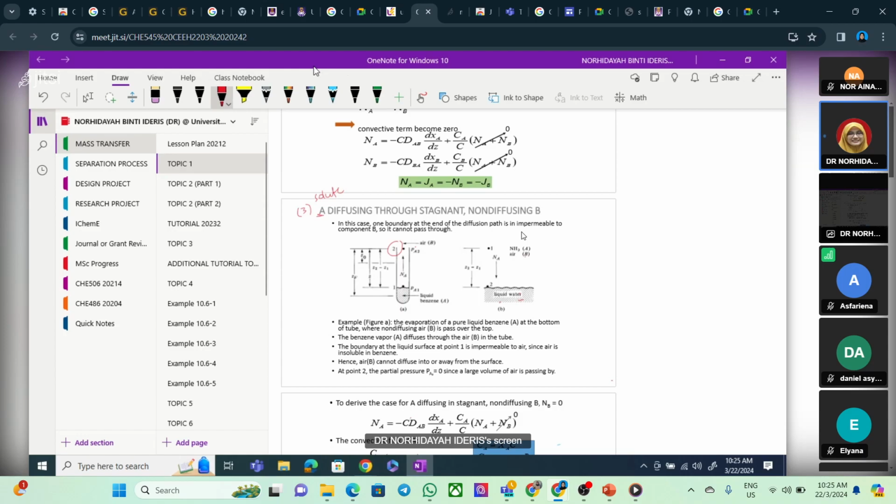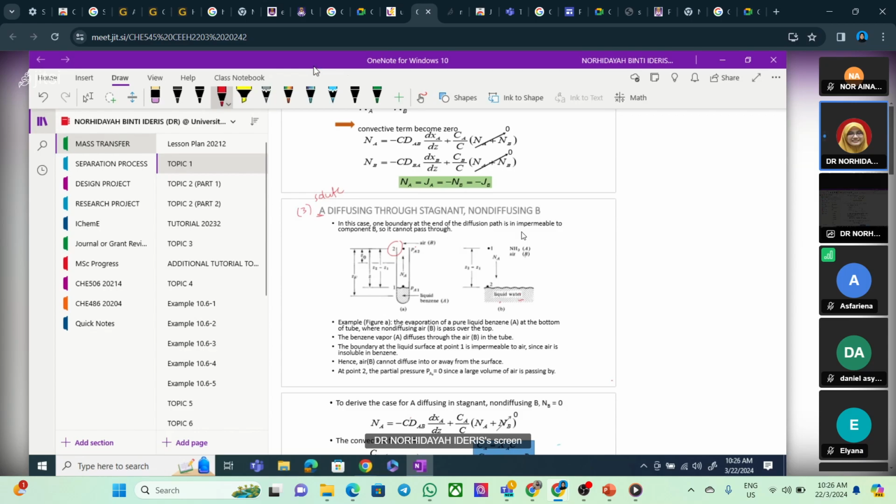So in this case, only the benzene can diffuse or penetrate into the air, but the air cannot diffuse back into the benzene. So that's the first example to show diffusing through a non-diffusing B.